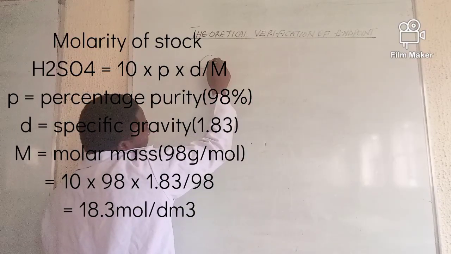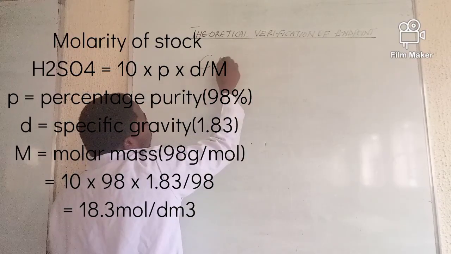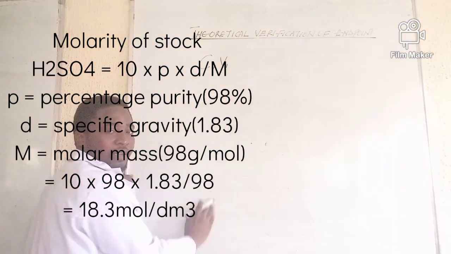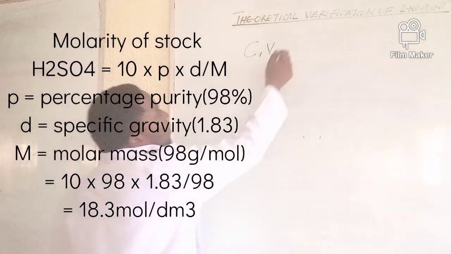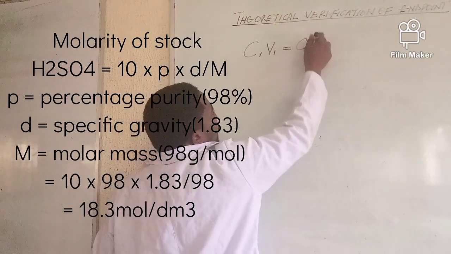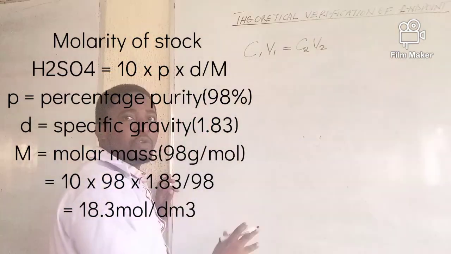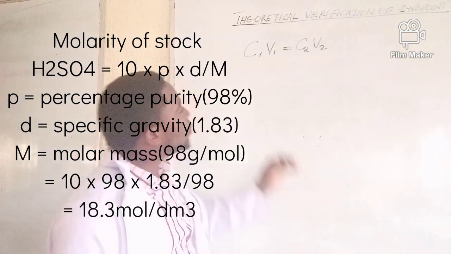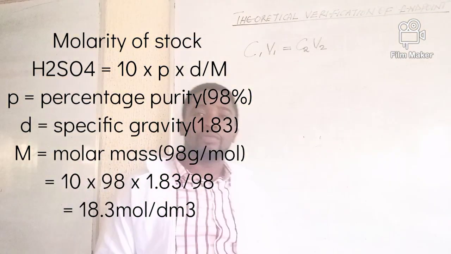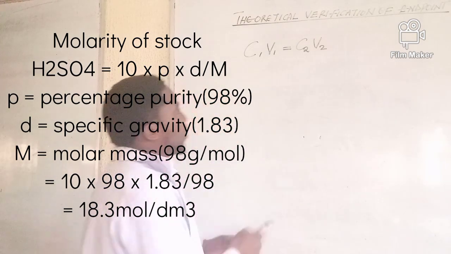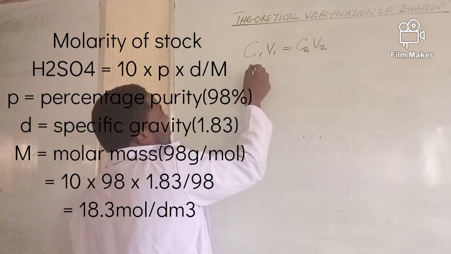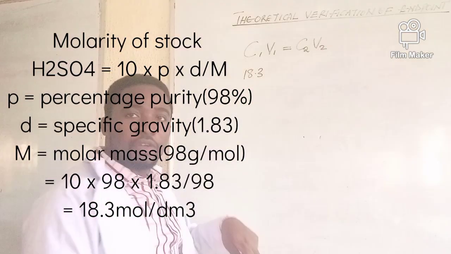So I have my equation of dilution as C1V1 equals C2V2. What is C1? That's the initial concentration, the molarity we just calculated, which is 18.3, the molarity of the stock solution.